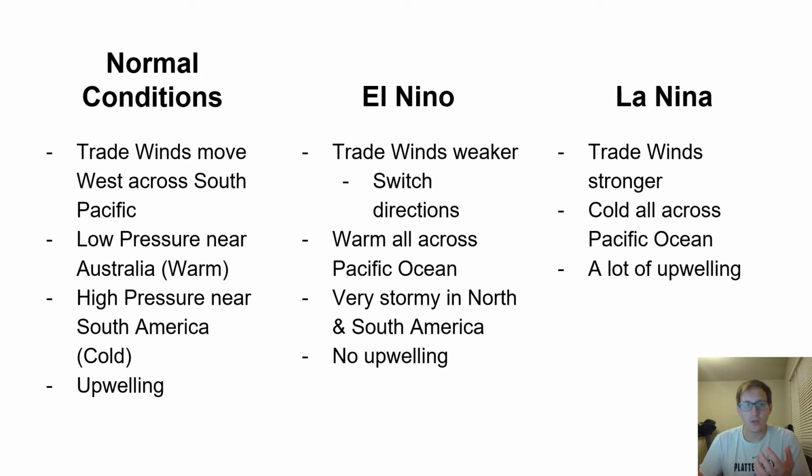Under normal conditions, trade winds move west across the South Pacific. Low pressure near Australia, high pressure near South America. In the low pressure system near Australia, it's warm, and high pressure near South America, it's cold. You get normal upwelling from South America because of the way the wind is blowing.